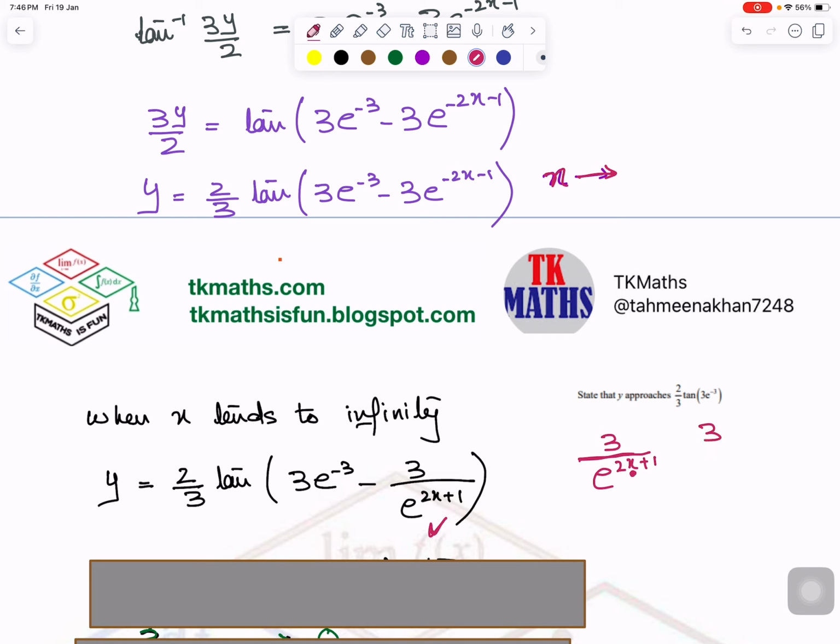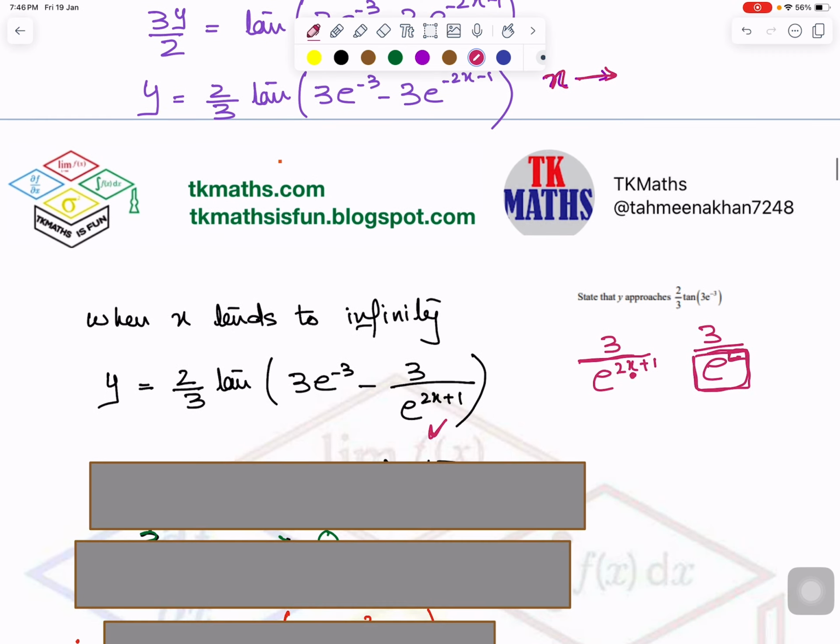So what will happen? e to the power extremely big will make this denominator very big. Now you can check in the calculator. If you divide 3 by a very big number, this term will be going towards 0.